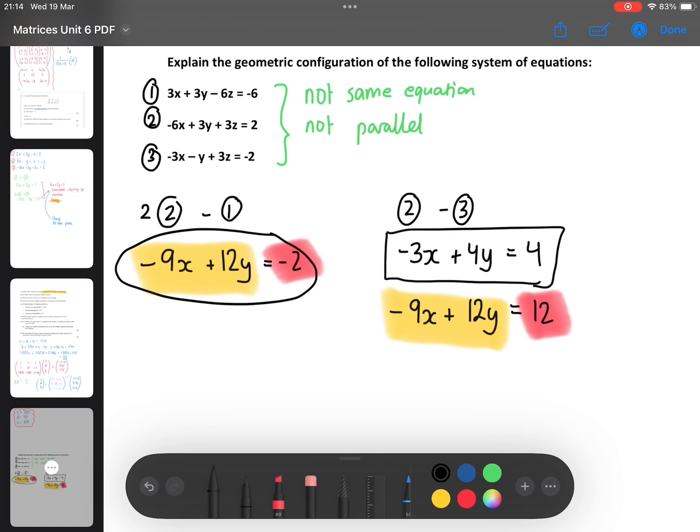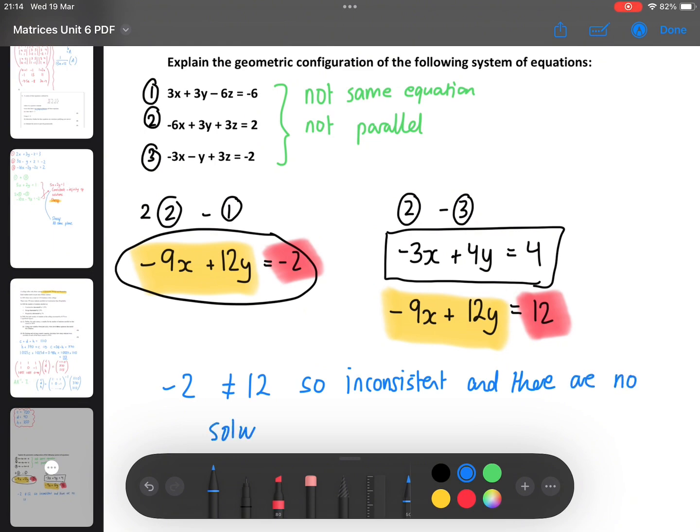It should be pretty clear that that's not possible, because minus 2 does not in fact equal 12. And so they are inconsistent, and there are no solutions.